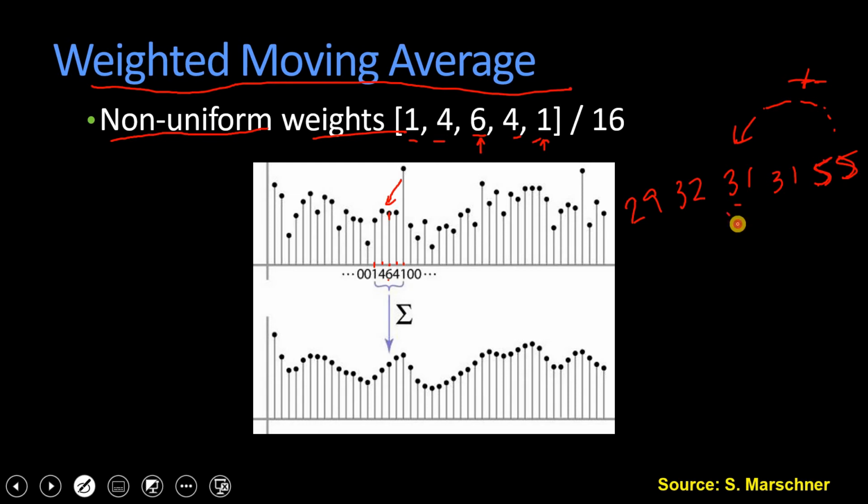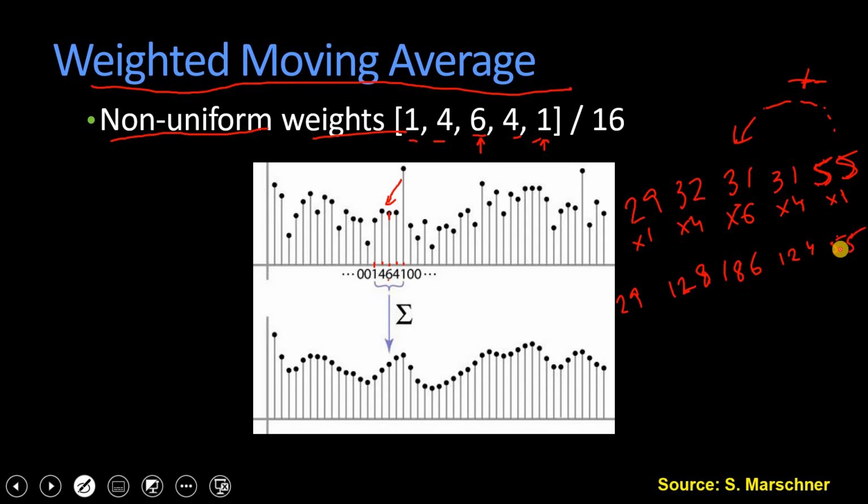So what we do is we multiply 31 by 6, and 32 and 31, the other ones, by 4, and the outermost values by 1. Now you see 55 is far away, so it has less importance. So this will come out as 186, and here it will be 124 and 128, and the last ones will be 29 and 55.